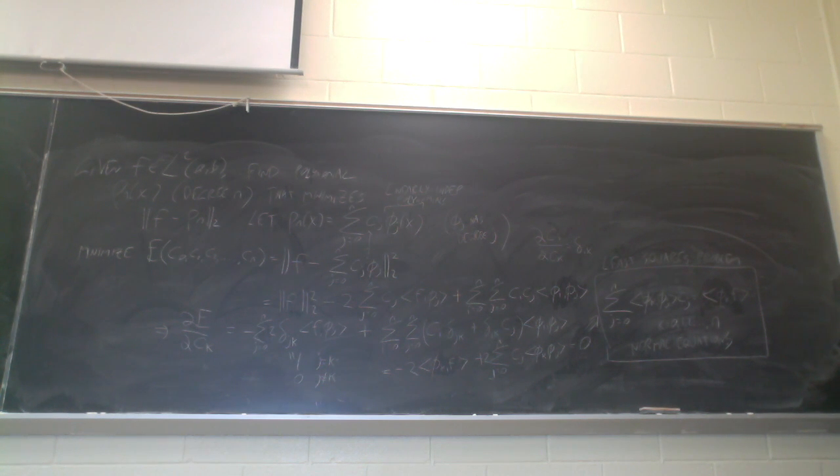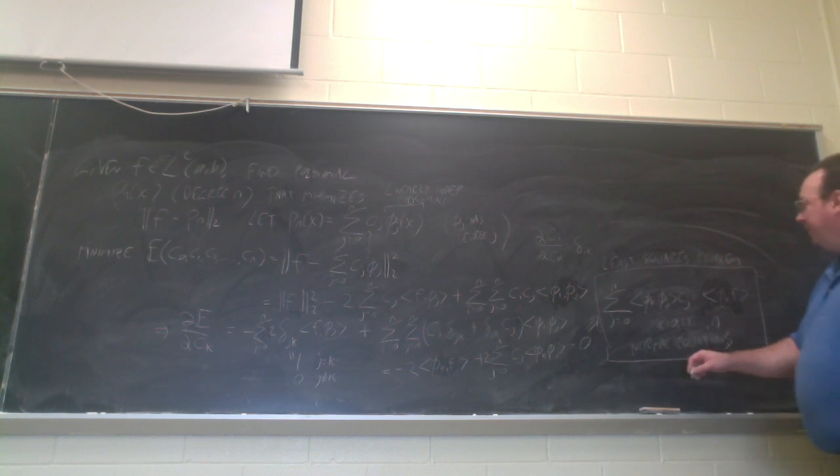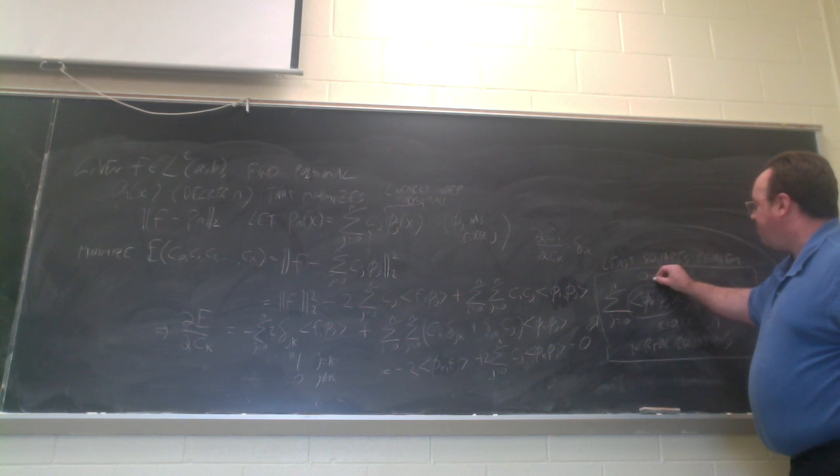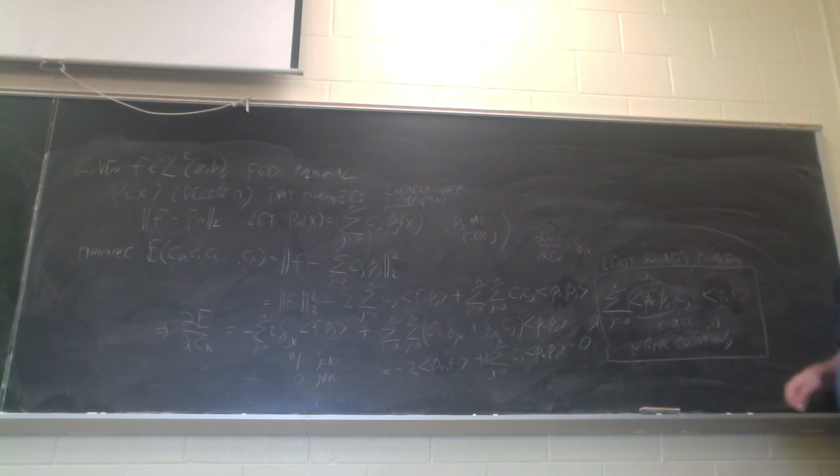Now, we can actually describe this. This is a system of linear equations, like Ax equals b. So you can think of this as a matrix, A_kj, where each entry is one of the pairwise inner products of these polynomials with each other. Here is your vector of unknowns, and here is your right-hand side. You can solve this using techniques for solving linear systems like Gaussian elimination.